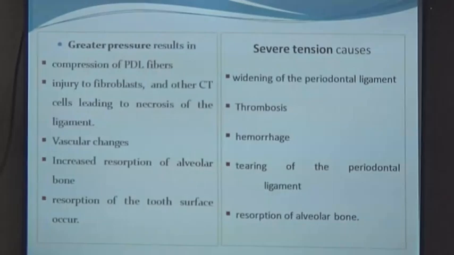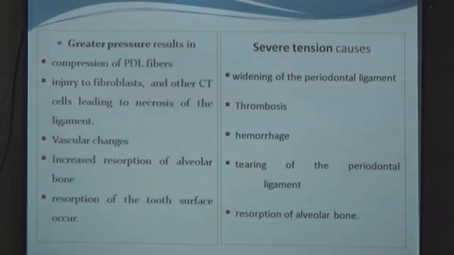And on the side of tension, what happens? Widening of the periodontal ligament. I told you when I was explaining the theory, first it unfolds, then becomes strength, then only it passes the pressure to the alveolar bone. So when there is tension, there will be widening of the periodontal ligament, thrombosis, hemorrhage, and tearing of the periodontal ligament, and then only the resorption of the alveolar bone comes.